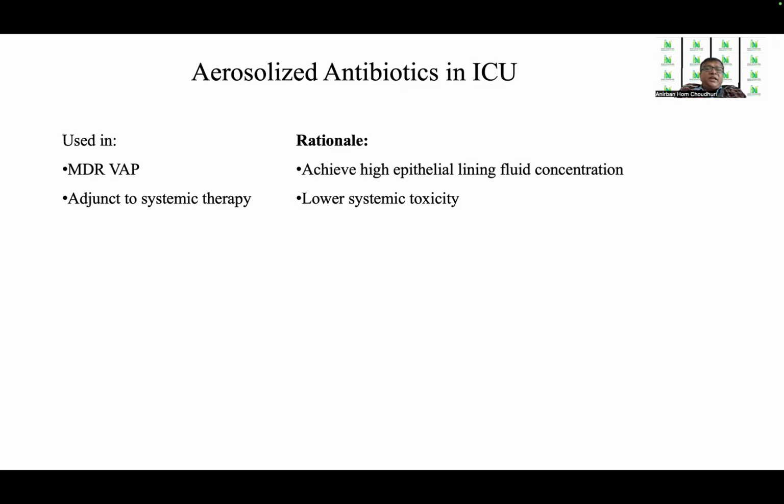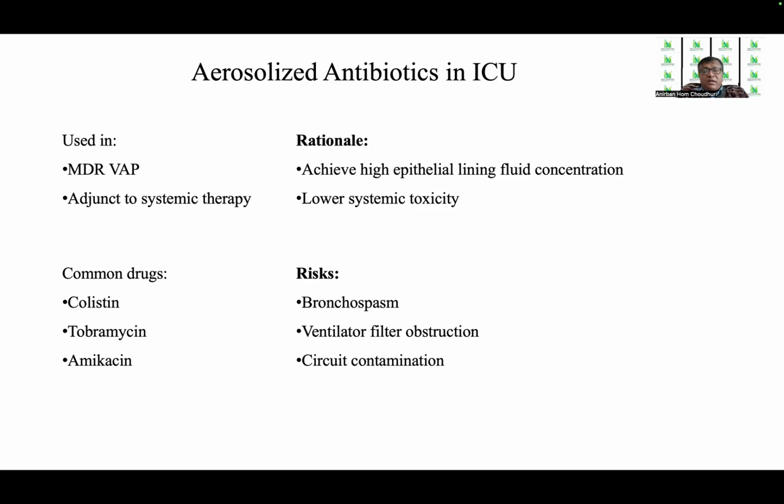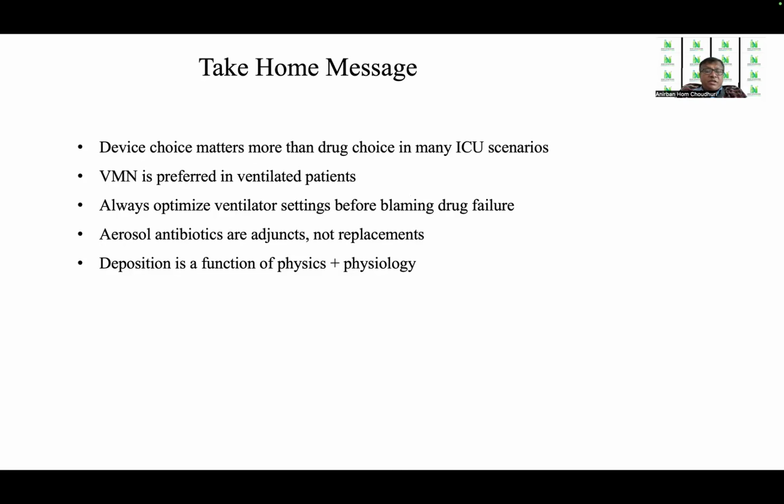The rationale is that they achieve high epithelial lining fluid concentration, which is not possible otherwise by other routes, and they cause lower systemic toxicity since the amount reaching the systemic circulation is much less. The common drugs used by this route are colistin, tobramycin, and amikacin, but there are certain risks which include bronchospasm, ventilator filter obstruction, as well as circuit contamination.